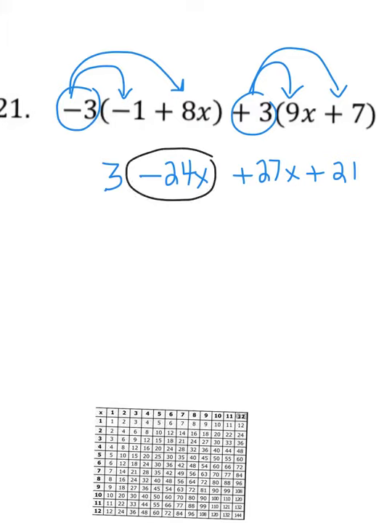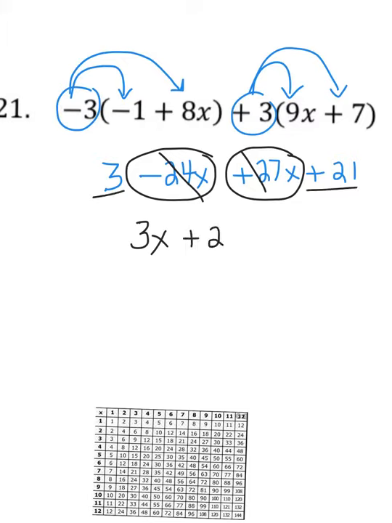Combine negative 24x plus positive 27x. That's going to give me a positive 3x. Done with that. 3 plus 21 is going to be plus 24. Factor out a 3. Divide by 3, divide by 3, 1x, and a positive 8.